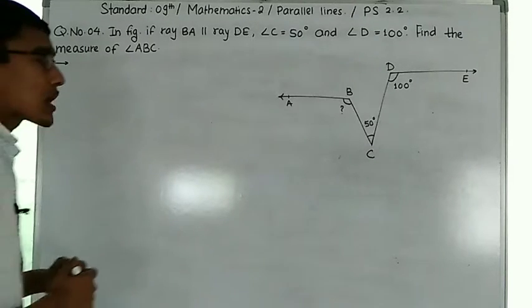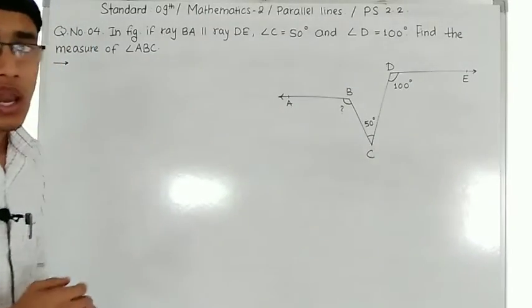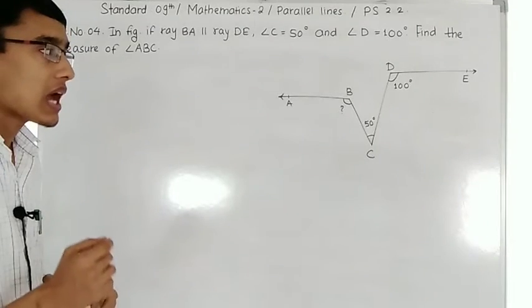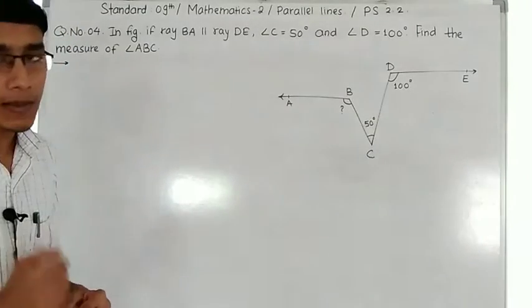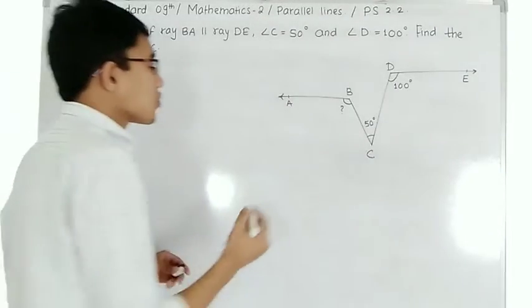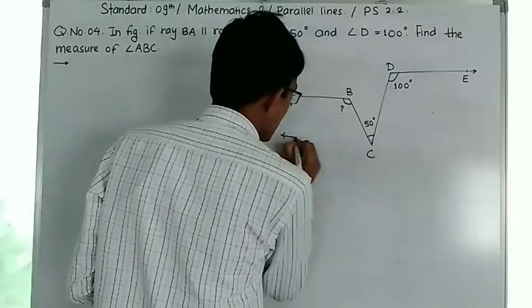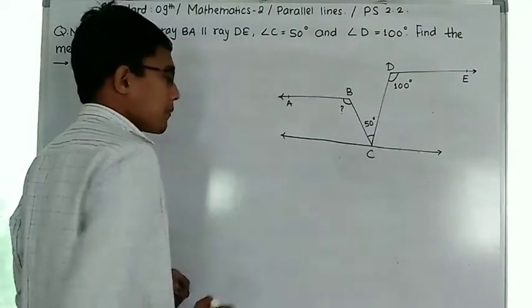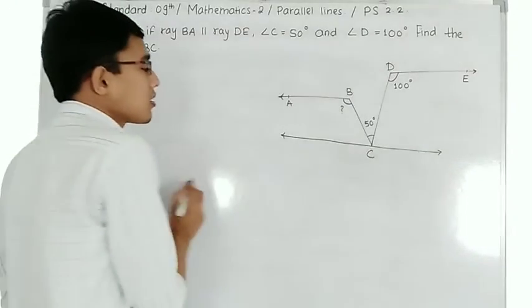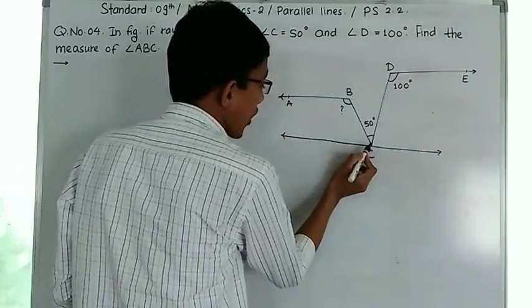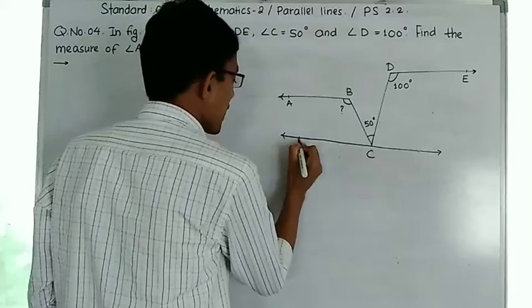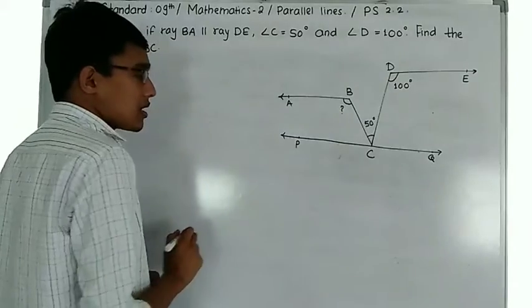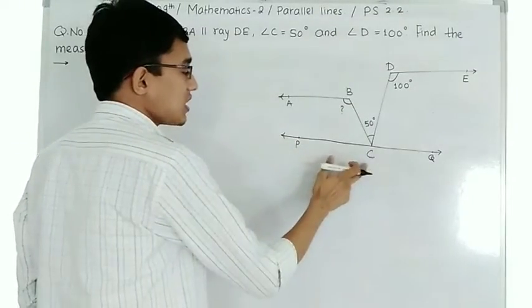I am going to draw a line parallel to ray BA, and this line is going to pass through point C. Suppose I am drawing line PQ parallel to ray AB such that P-C-Q.